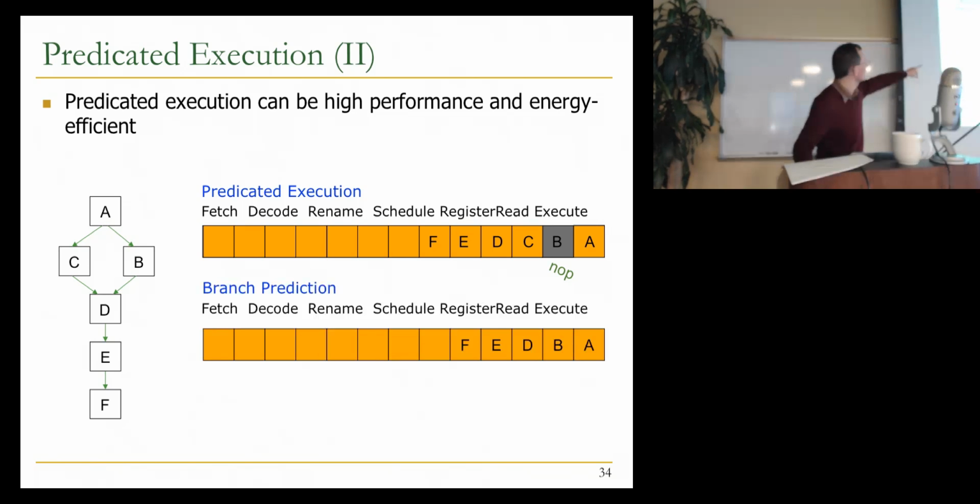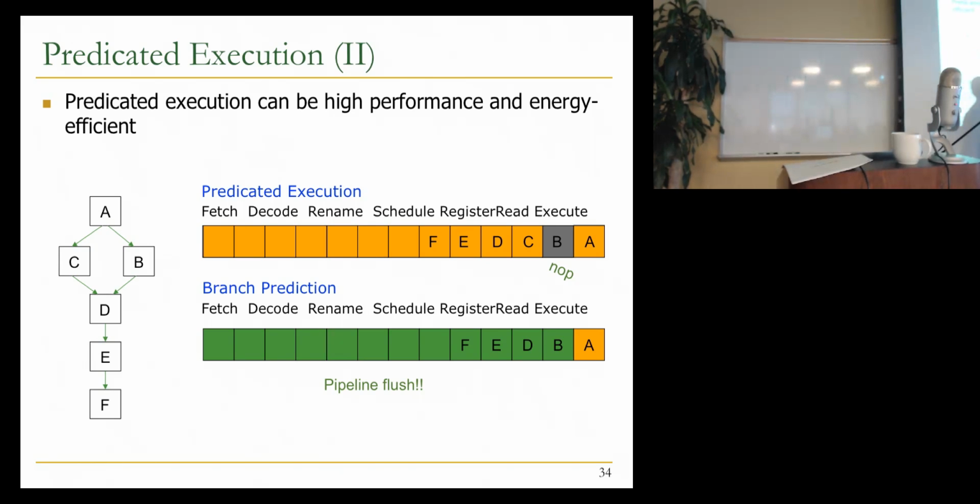Whereas if this was a hard to predict branch, what would happen is you would flush the rest of the instructions. So it has saved you a lot of work. So this works really nicely if the branch is hard to predict. If the branch prediction accuracy is 50% for this branch, for example, maybe it's a good idea to convert that into a predicated execution mode.